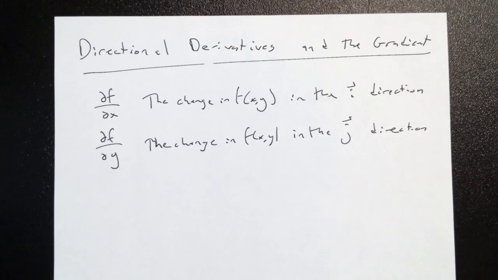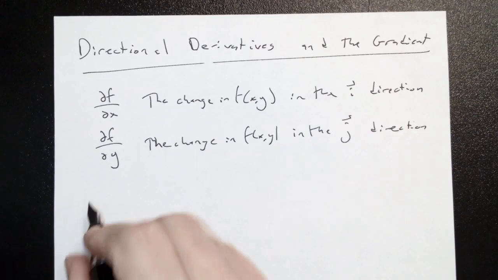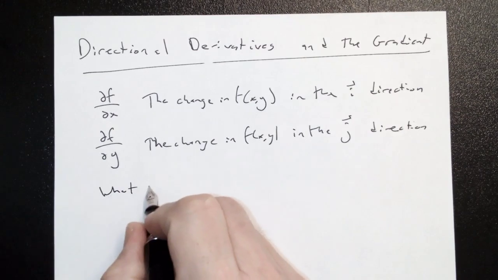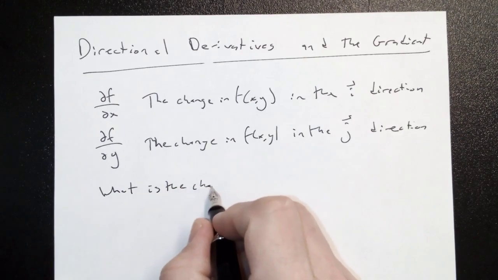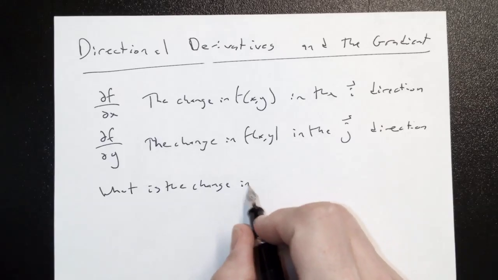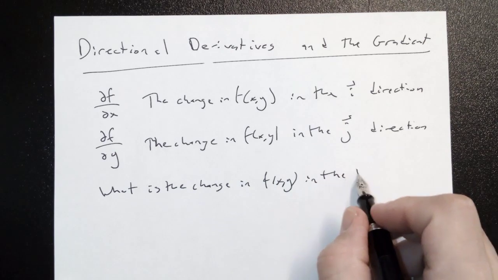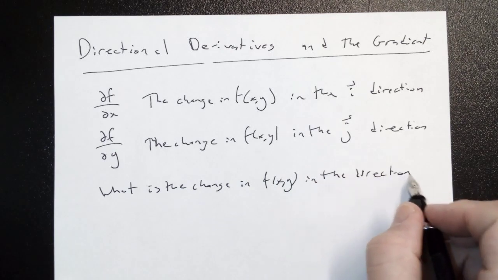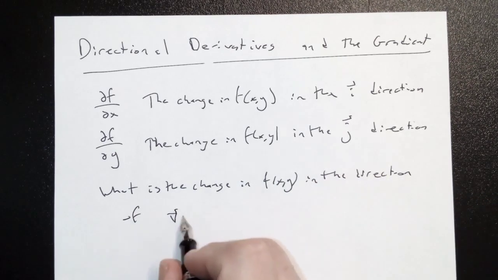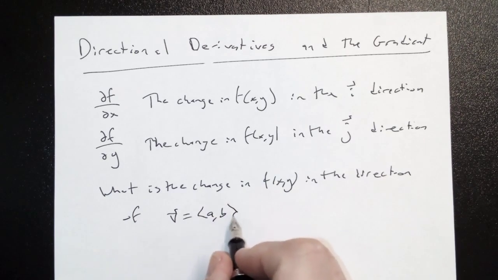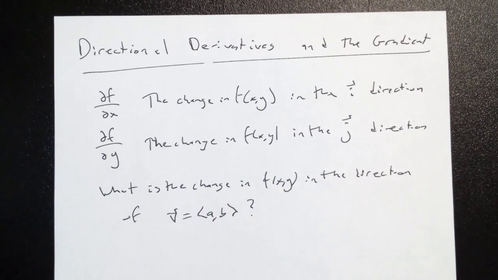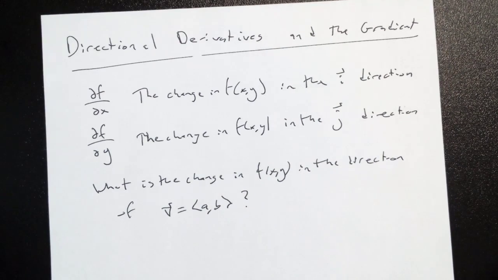I want to go another way. So the i direction points forward, the j direction points to my left, v points in an arbitrary direction. What's the change going that way?